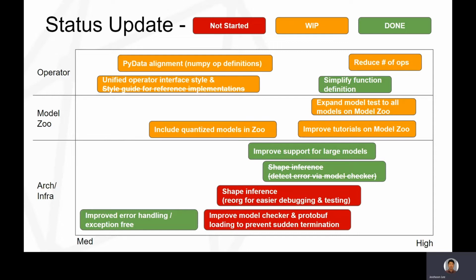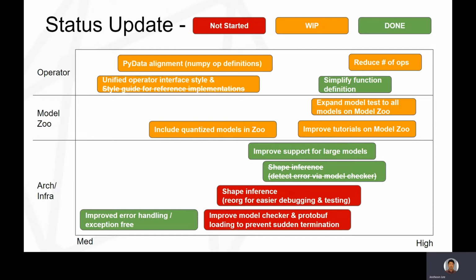On the unified operator interface style, the goal was to prepare a style guide which describes expected behavior of typical properties of operators, such as data layout, axis specifications, attribute namings, things like that. We want to enforce this style on all new operators as well as the existing ops.